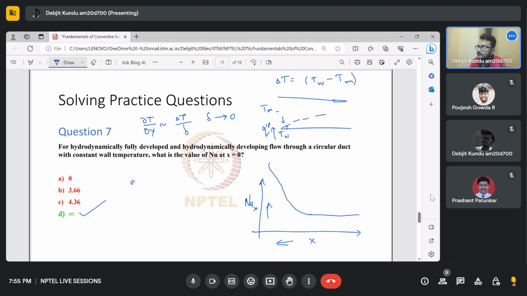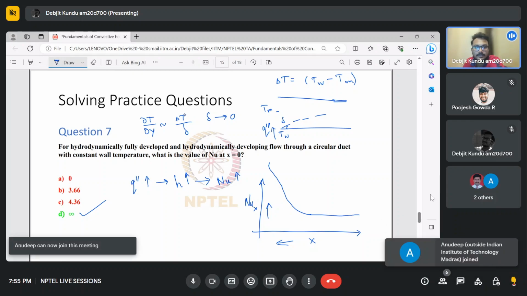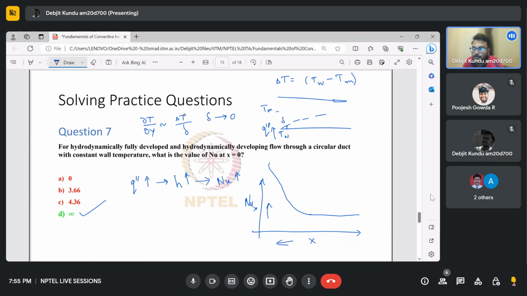So the heat flux being high would mean that the convective heat transfer coefficient will also be high, finally meaning that the Nusselt number will also be high. So that's why as x tends to 0, Nusselt number tends to infinity. And as we have a finite value of x, this Nusselt number also achieves a finite value. And ultimately, after x reaches a significant finite value, this Nusselt number would go down and asymptotically try to reach some constant value depending on the boundary condition.